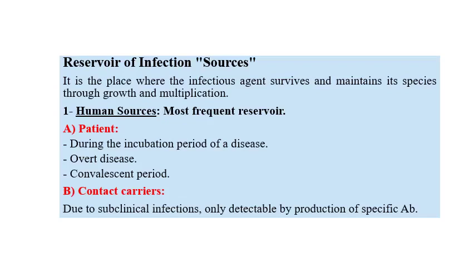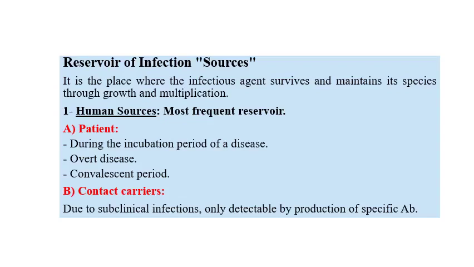And if you are speaking about a patient, there are 3 stages for any patient. He may be in the period of incubation of the disease, during which, of course, the symptoms are not apparent yet, but he is infected and he can infect another person.